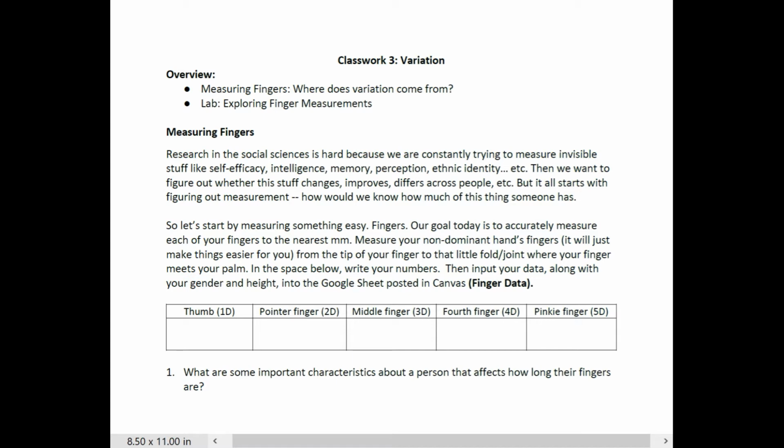If you're right-handed, measure your left hand. If you're left-handed, measure your right hand. Measure each finger from the tip of the finger to the little fold or joint where your finger meets your palm. So go ahead and pause and measure and record your data right above number 1. And make sure that you're using the small millimeter measurement on the ruler. It's usually the smallest one you typically see on a ruler.